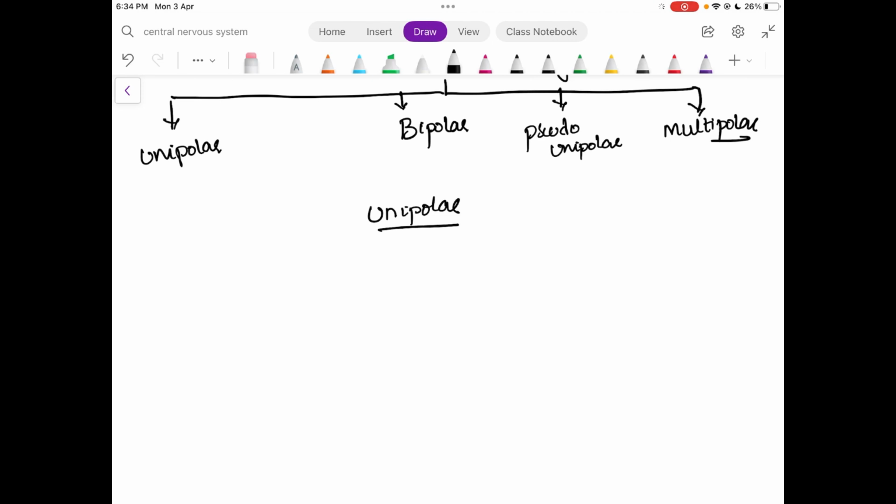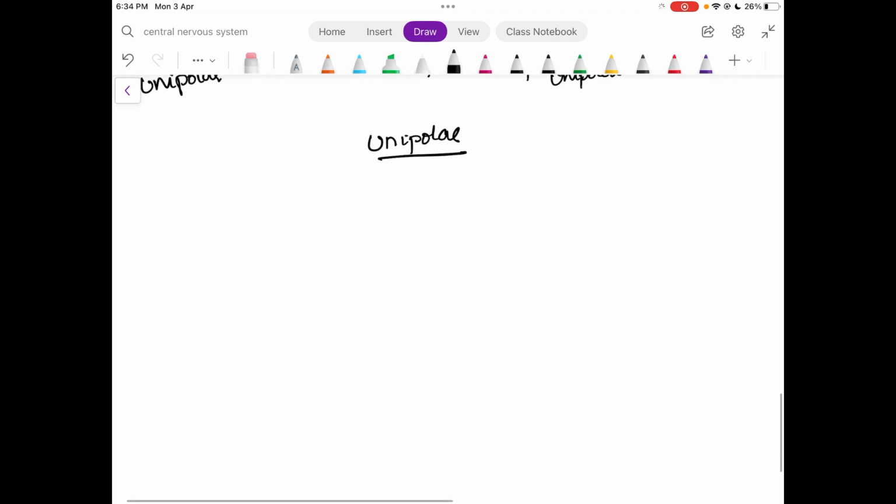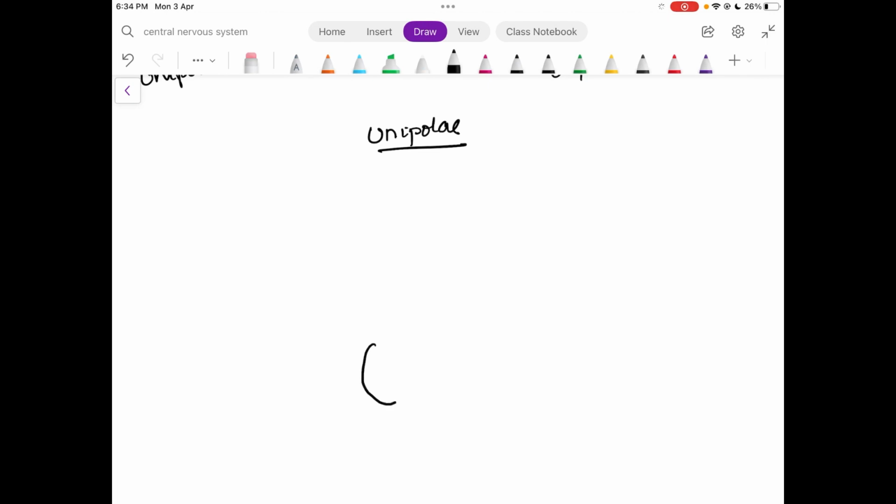In a unipolar neuron, they will have a cell body, and they will have only one process which is divided into two parts.